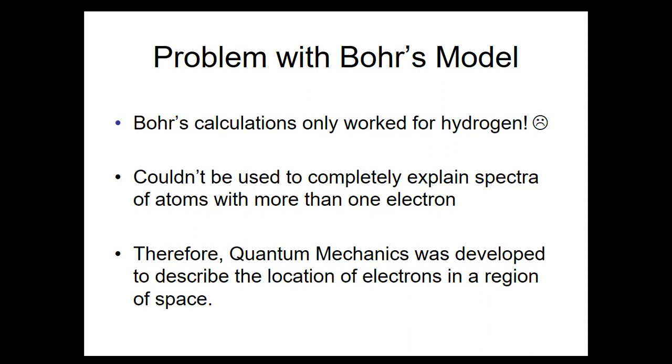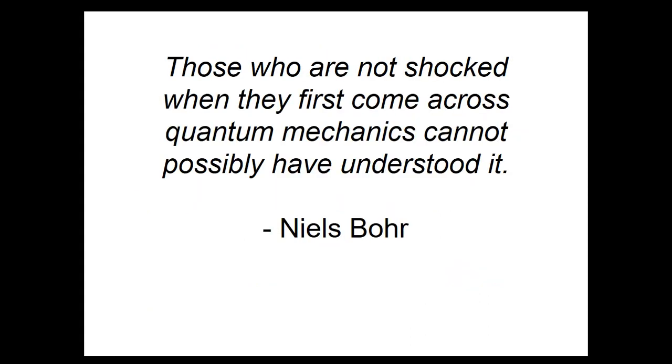So what happened then was quantum mechanics was developed to describe the location of electrons in a region of space for more complicated atoms and also for hydrogen. What Bohr said later on was that if you're not shocked by quantum mechanics, then you're not really understanding it. So what I'm telling you here is that Bohr was a brilliant man.